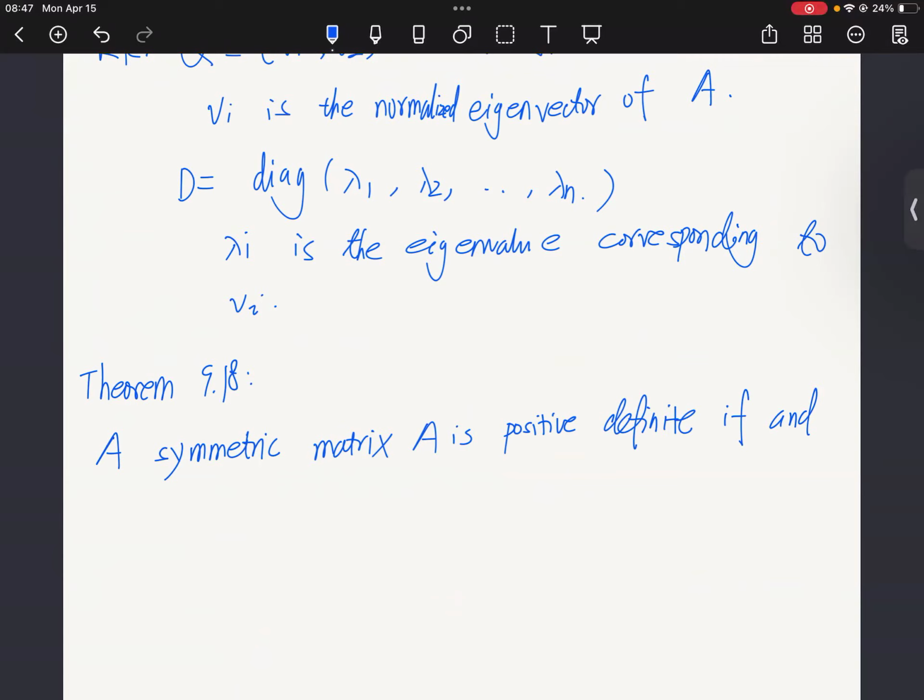So this matrix is symmetric and positive definite if and only if all the eigenvalues of A are positive. This is one more property about eigenvalues and eigenvectors. Any questions here?